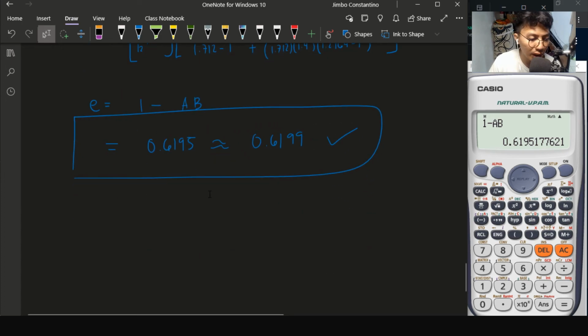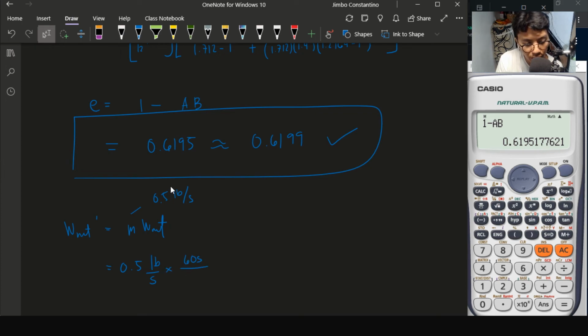How about the actual work net? Binigyan ka ng mass of 0.5 pound per second. 0.5 pound every second times 60 seconds every minute, kasi yun yung kabisado ko eh.